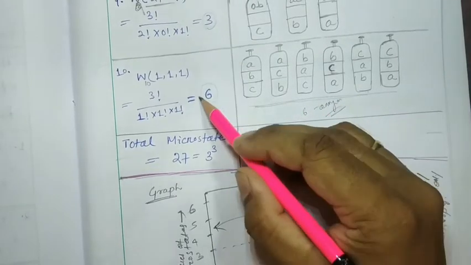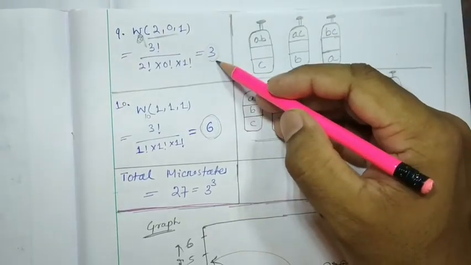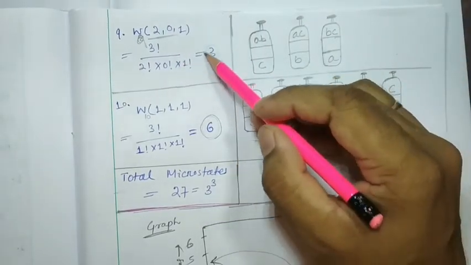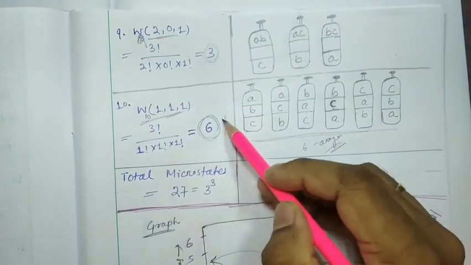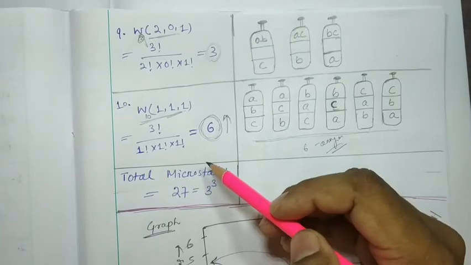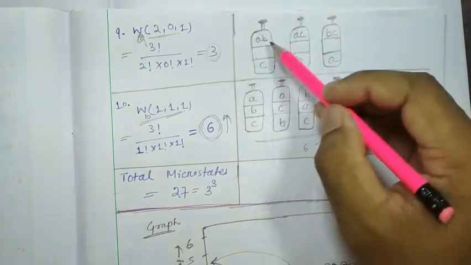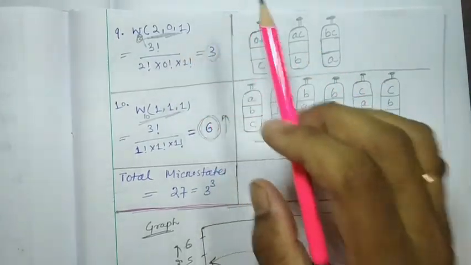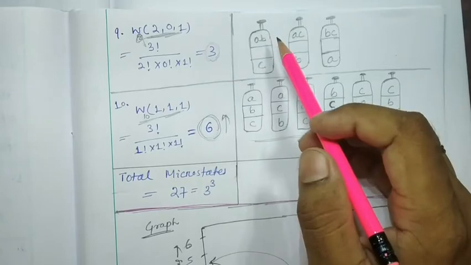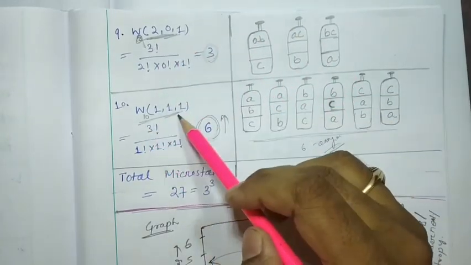So here the microstates are increased. If we compare the previous macrostate and its corresponding microstates, here the microstates are increased. Now I am going to compare the spreadness of the particles of this macrostate and this macrostate.